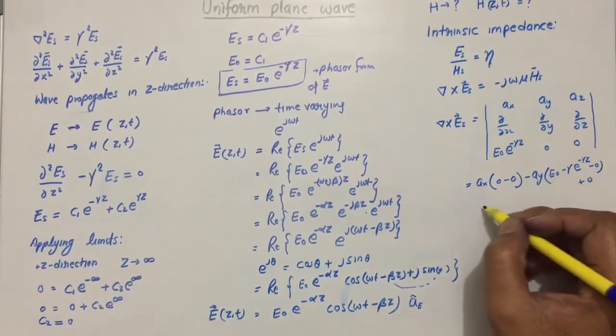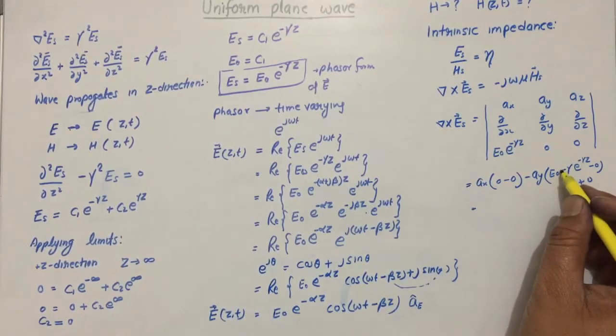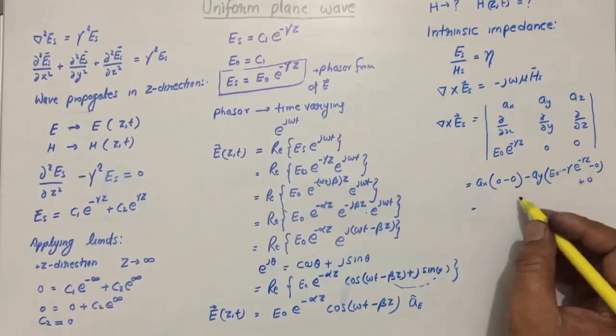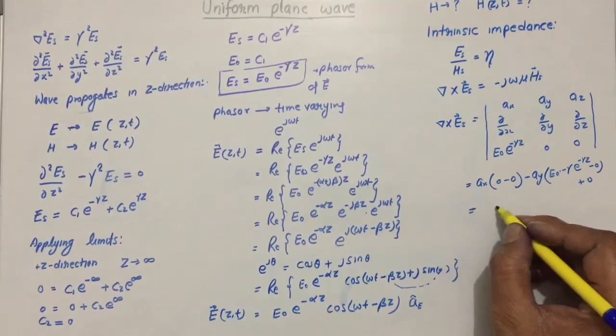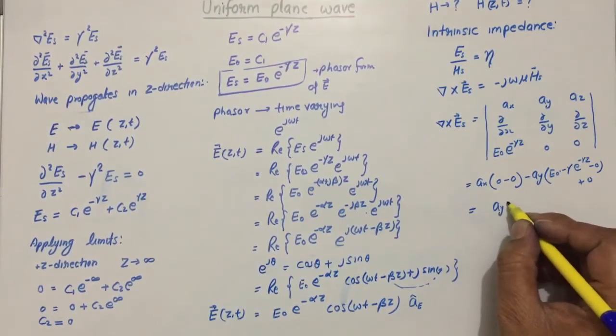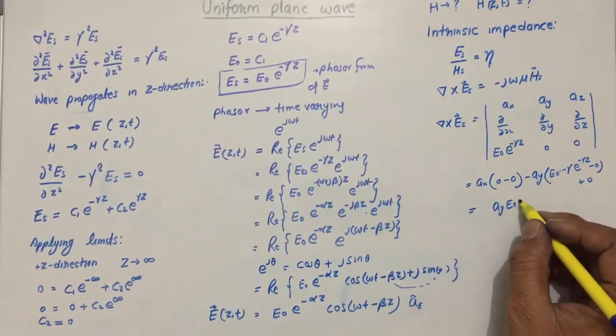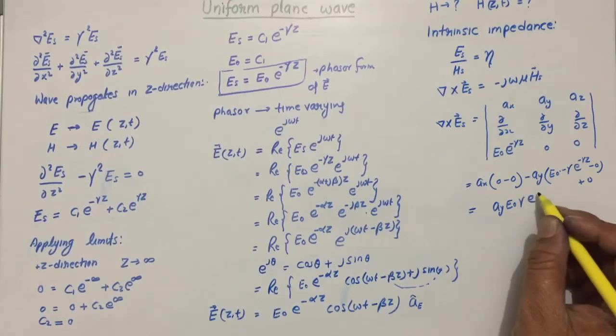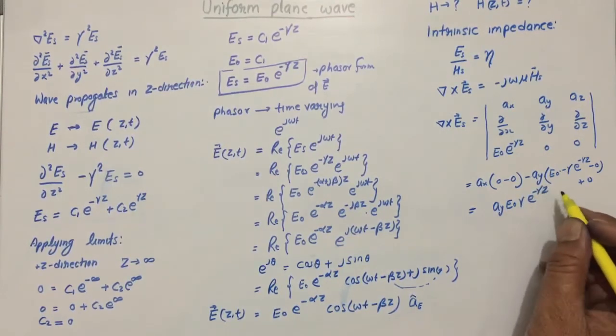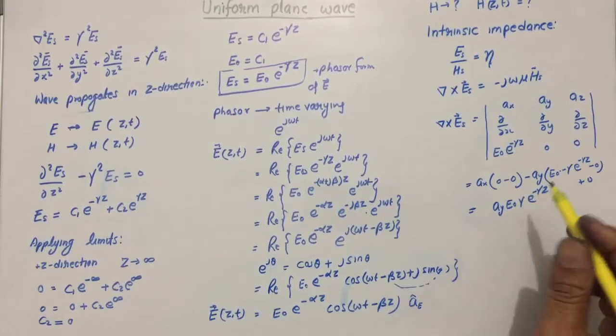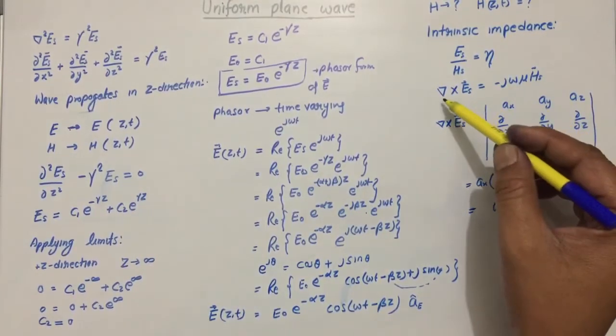If we simplify this, it will be a_y E naught gamma e to the power minus gamma z, and the remaining terms are 0. This will be in the place of this.